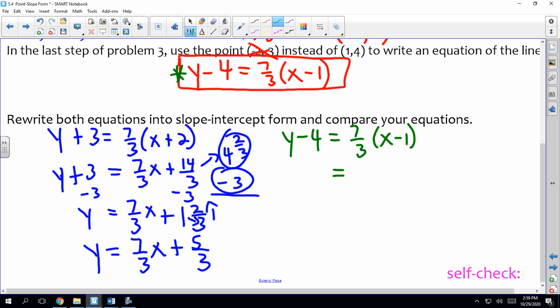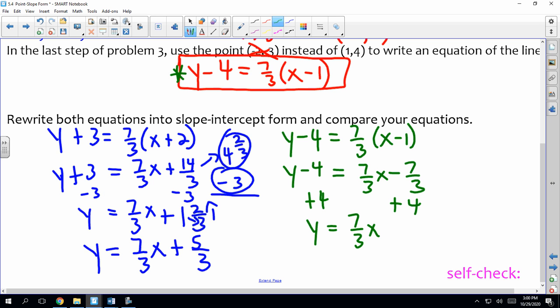So what I do here is distribute the 7/3 again. And then this time I'm going to add 4 to each side. So I've got y equals 7/3 x. Let's think of 7/3 as 2 1/3, because 3 goes into 7 twice with 1 in the remainder.